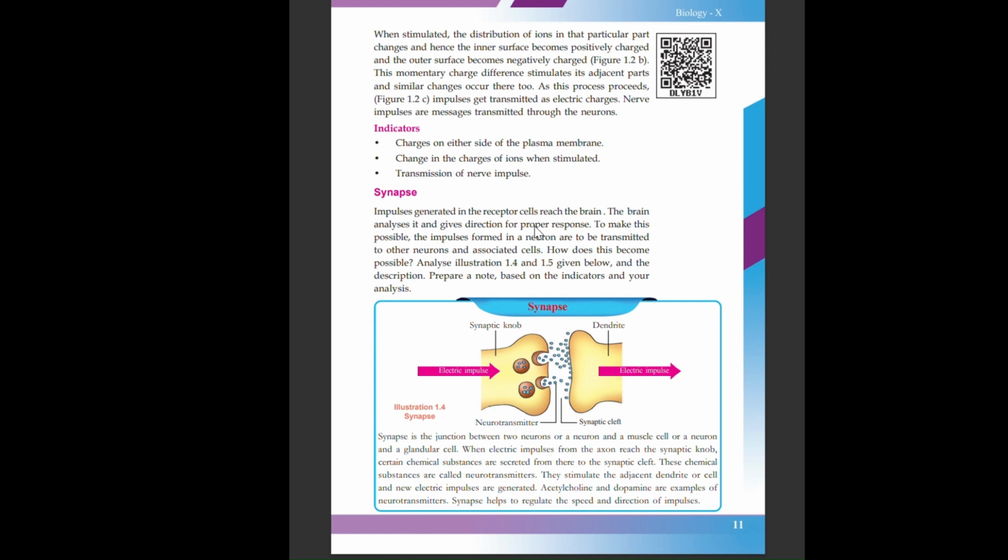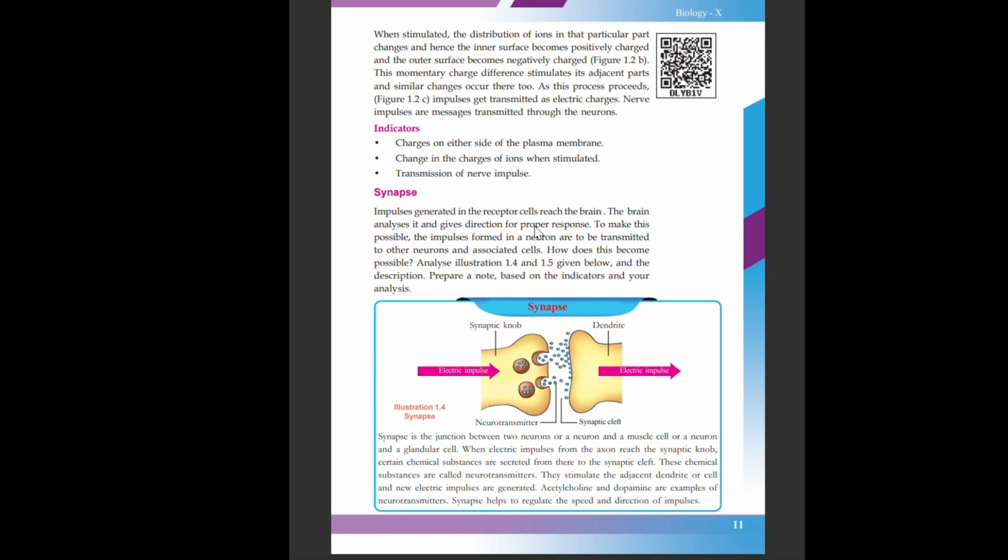The brain analyzes it and gives direction for a proper response. To make this possible, the impulses formed in the neuron are to be transmitted to other neurons and associated neurons. For that transmission, you need the synapse.